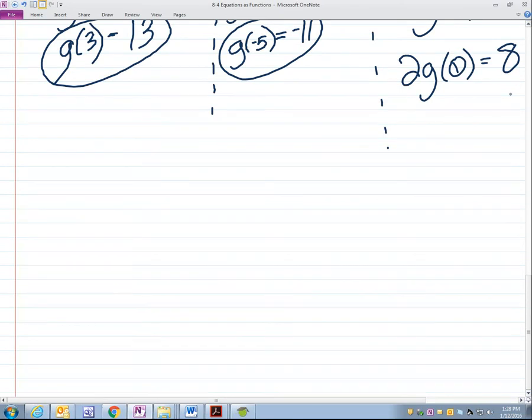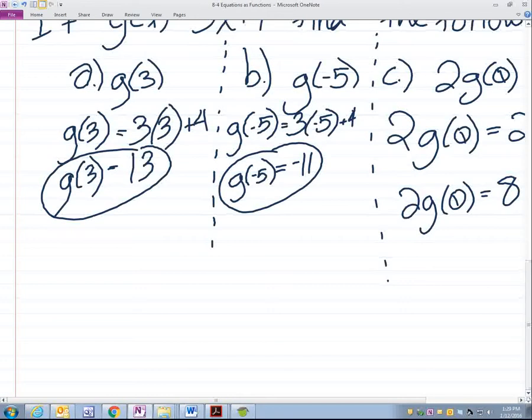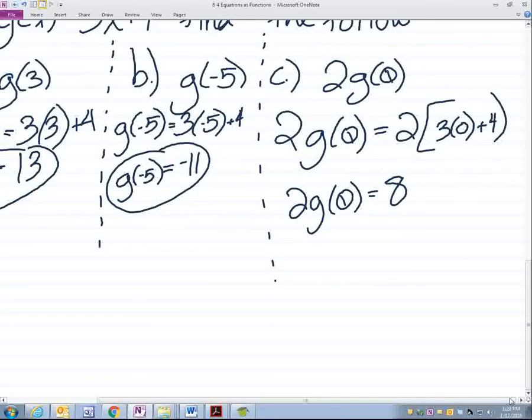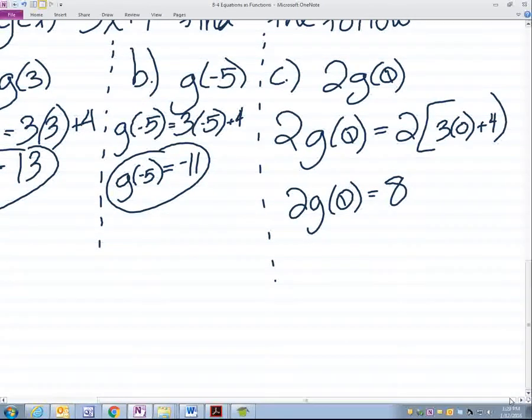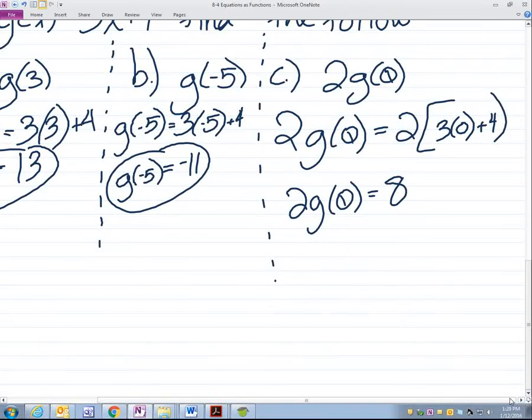Can we get through these examples where we have multiple ways of doing it? Sorry, that one could be a little confusing, since there's a 2 being multiplied by that function.